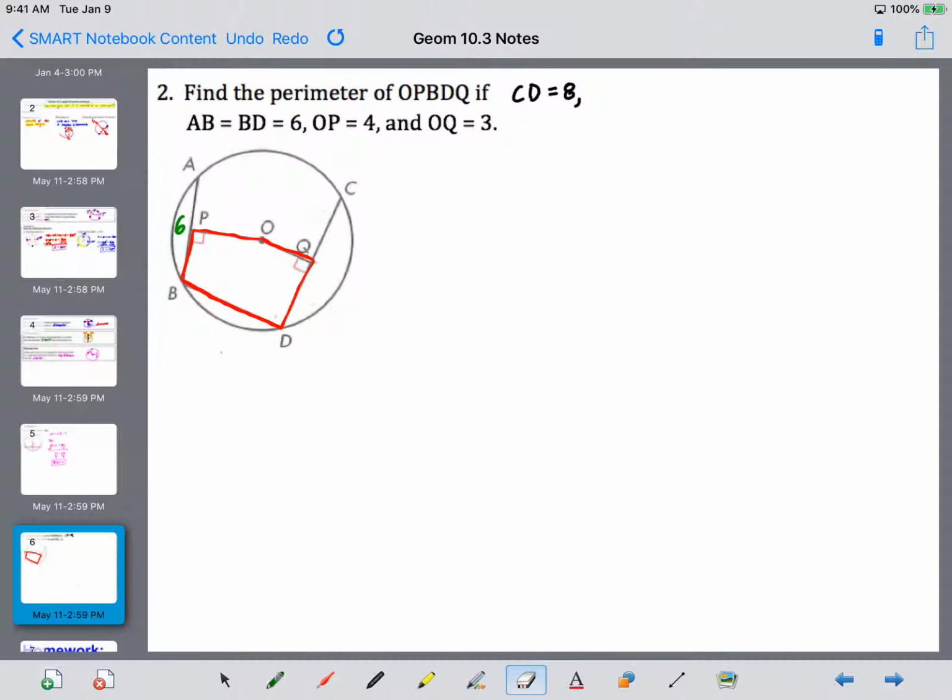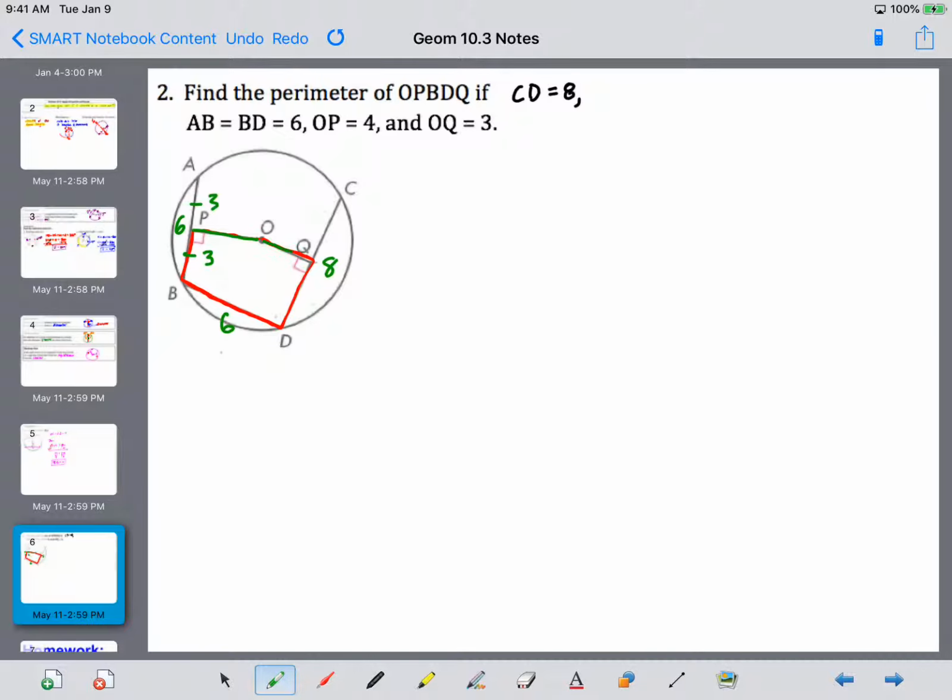So if AB is 6 and BD is also 6, and then notice P is actually perpendicular there, so that means this and this both have to be 3. And then we also know CD is 8, so this length over here is 8.